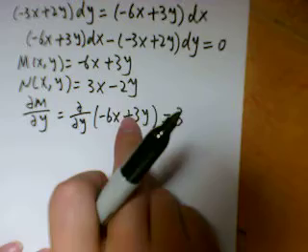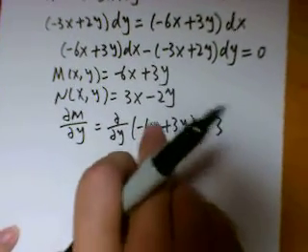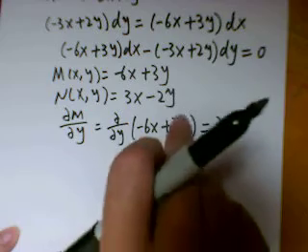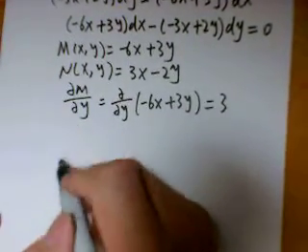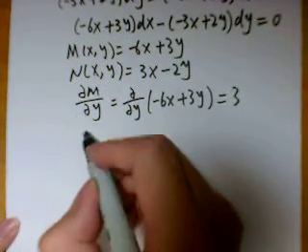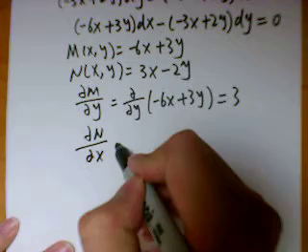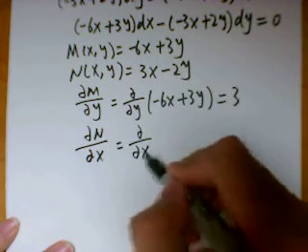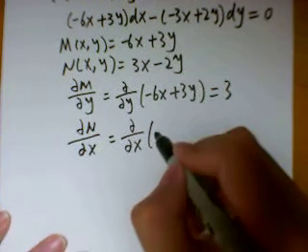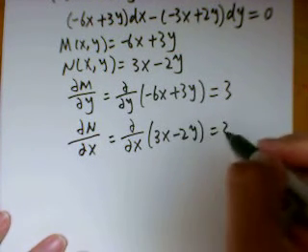Because the derivative of this term equals 0, and the derivative of this guy equals 3. And now let's take a look at partial N over partial x. Easily we can get that it is 3x minus 2y, so we got 3.